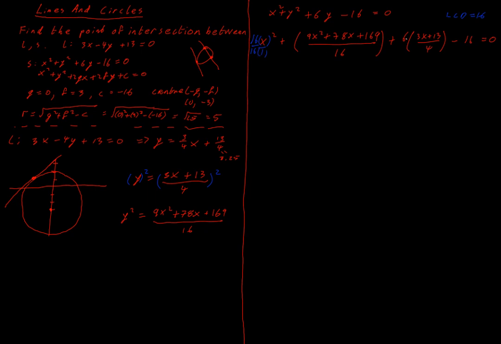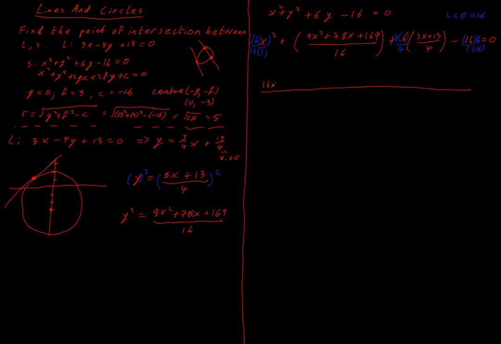This doesn't need anything done to it. This needs to be multiplied by 4 over 4. This needs to be multiplied by 16 over 16 because it's currently over 1. And I get everything over the same common denominator, 16.